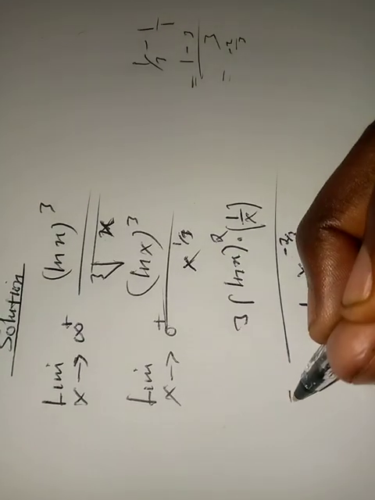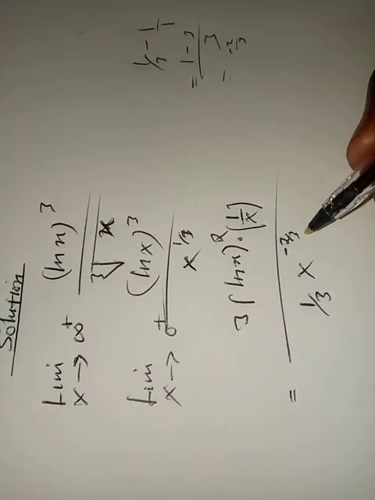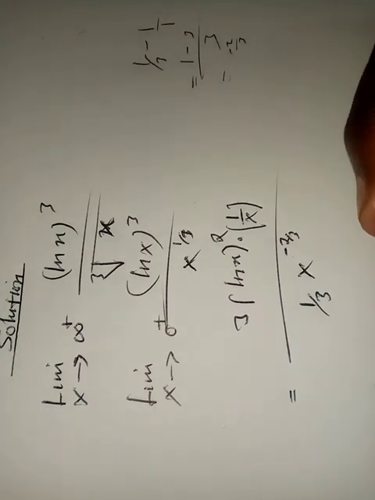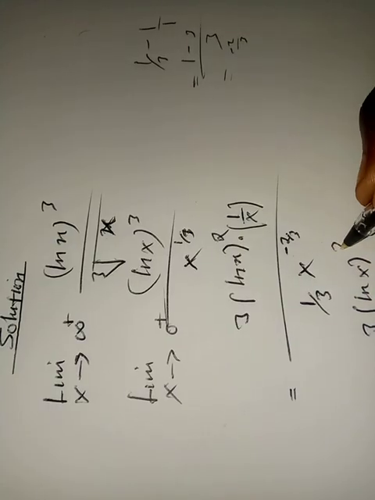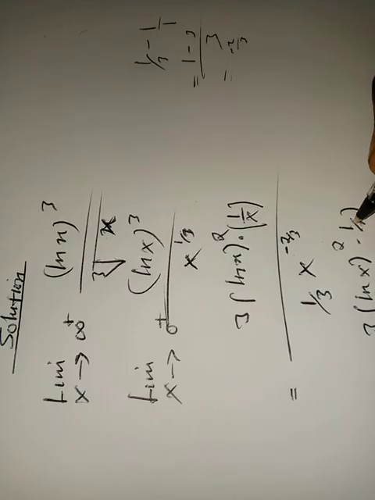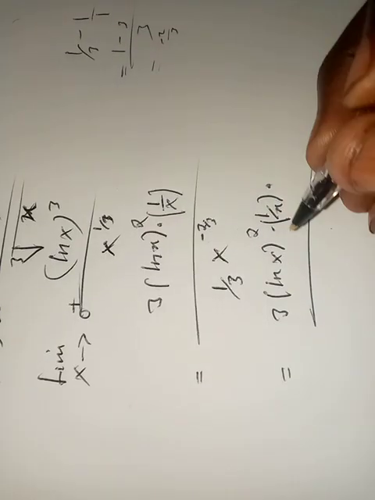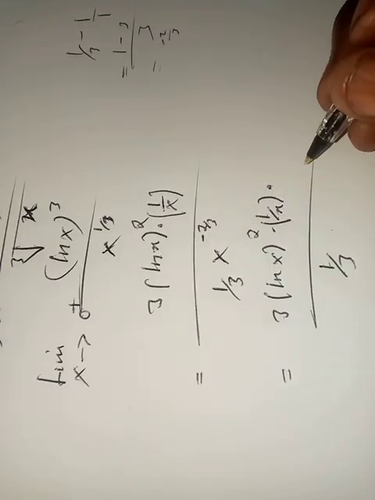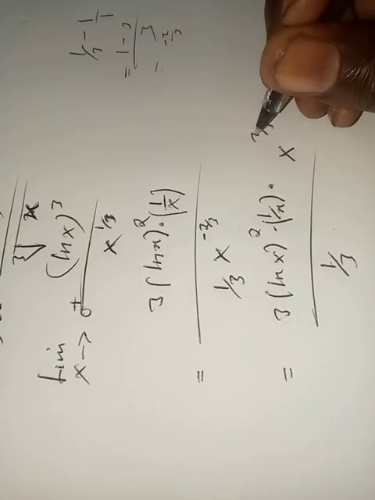So as you do that, remember that you are dealing with a negative power down there. It's very advisable to take this negative power on top so that it becomes a positive power. You are not taking 1 over 3, you are just taking the part which has a power, so you take x to the 2 over 3 as a positive.